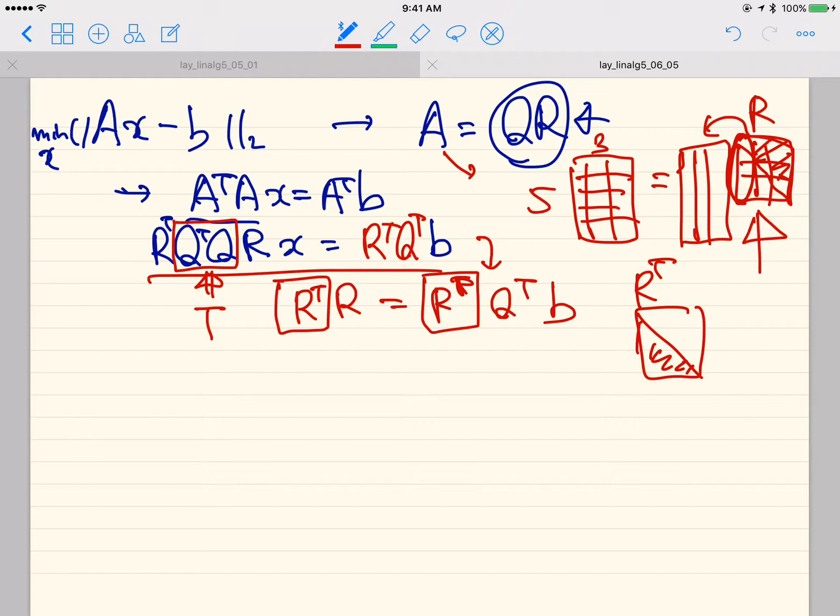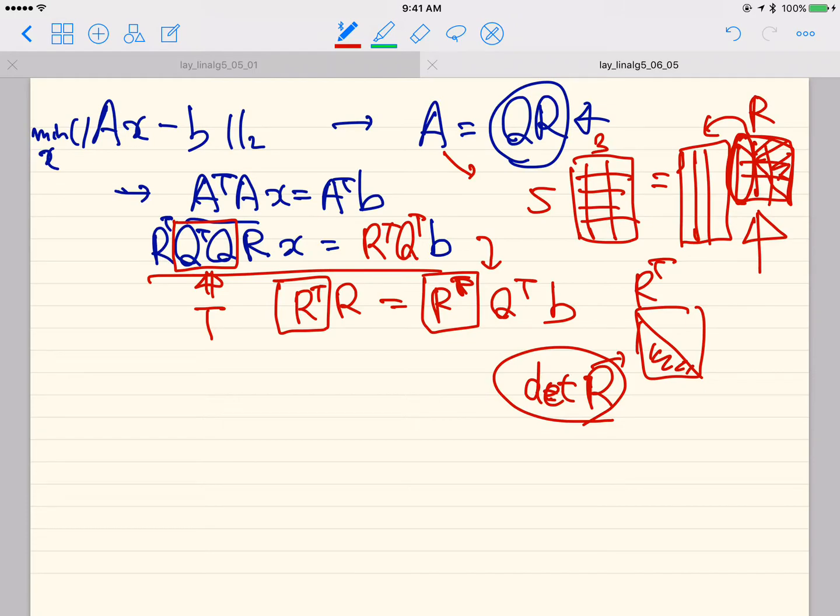And how did we prove that? There are several different ways, but one way was to think about the determinant of R or R transpose. In the case of a triangular matrix, the product of the diagonal entries is the determinant.